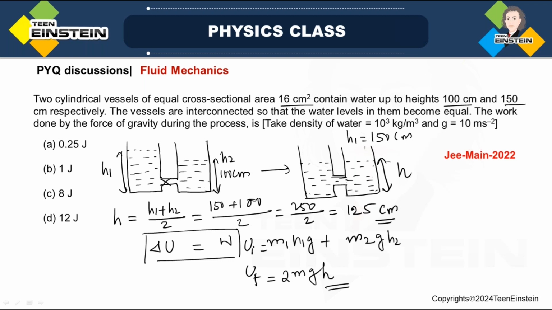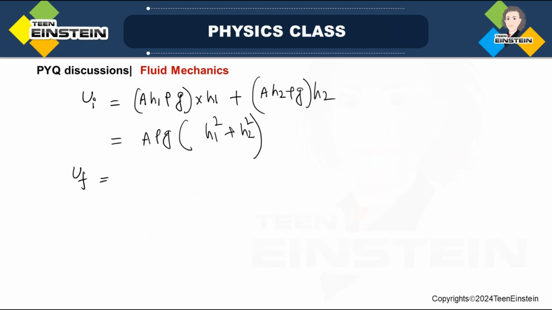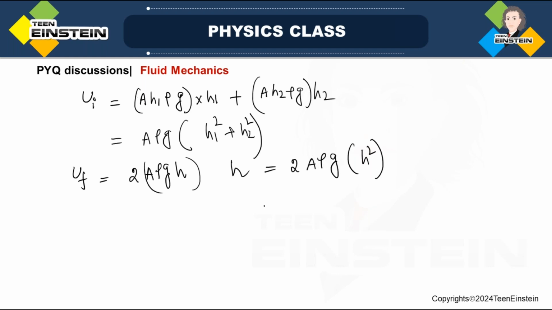The final is 2mgh, 2 into m is A rho g anyway, into h. So I get 2 A rho g, this is h square.